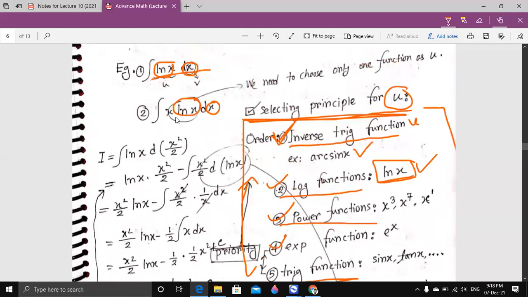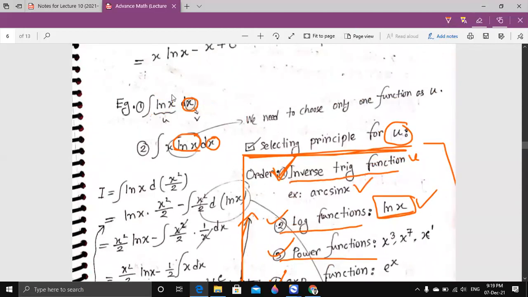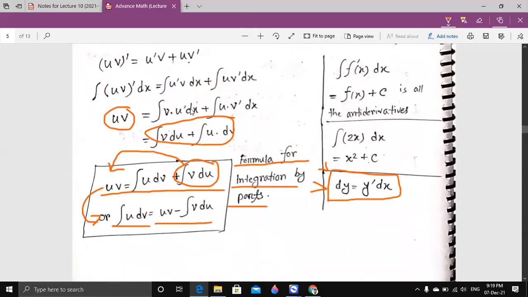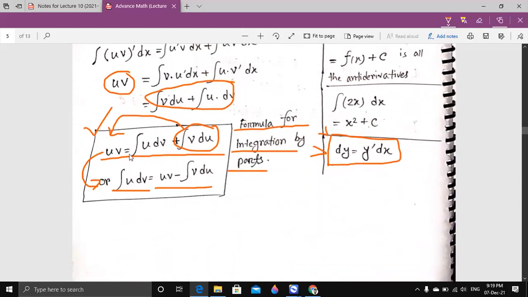So we will let ln x be equal to u, and this x we let be equal to v. So we get something like u times v. Now we can apply our integration by parts rule. This is the rule: uv is equal to the integral of u dv plus the integral of v du.